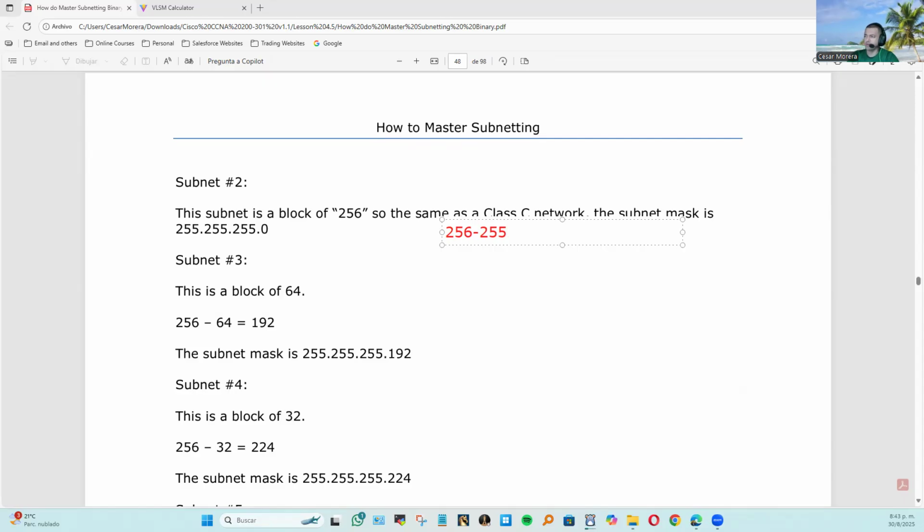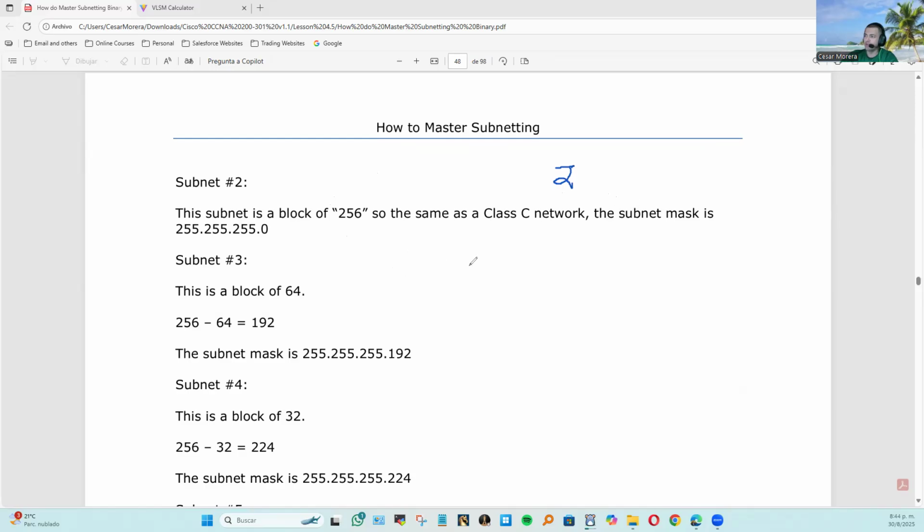Let me see. We are not really using the magic number here. We are also using the decimal to binary conversion. So it's actually the following: 2 to the power of what will cover this amount of networks.